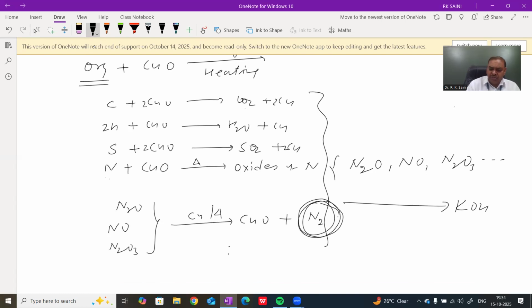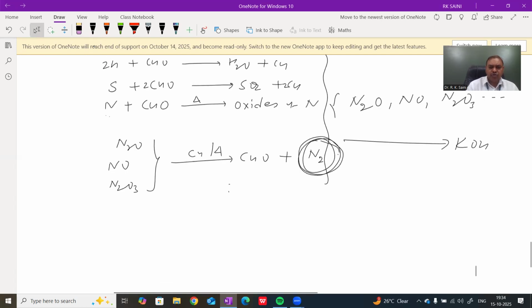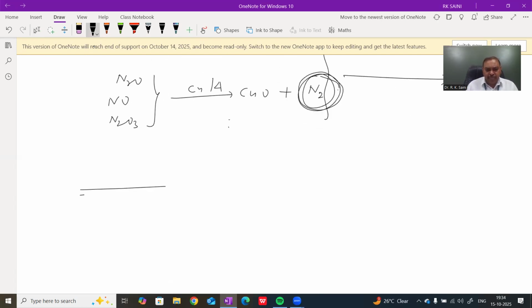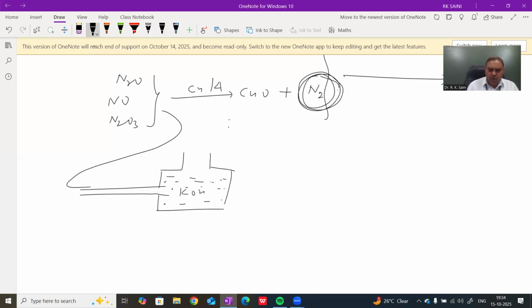When the gaseous mixture passes through the solution of KOH, the acidic gases are absorbed by the KOH in the measuring cylinder, and only nitrogen gas is collected in the measuring cylinder. This is the volume of N2 gas measured by the measuring cylinder.